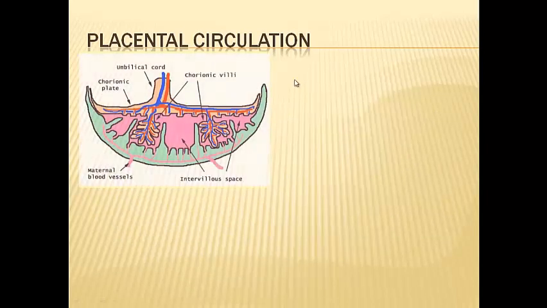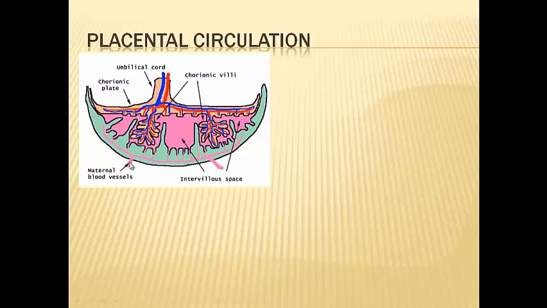All right, so this is just a representation of the maternal circulation, where on this side here, this is the maternal blood vessel. This tree-like structure is the villus, or the villi, and anything outside the villi is the intervillous space.